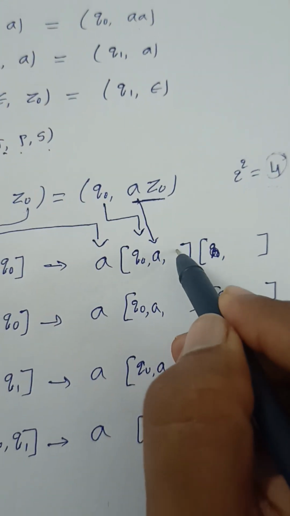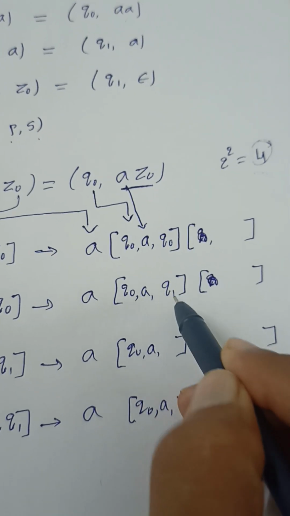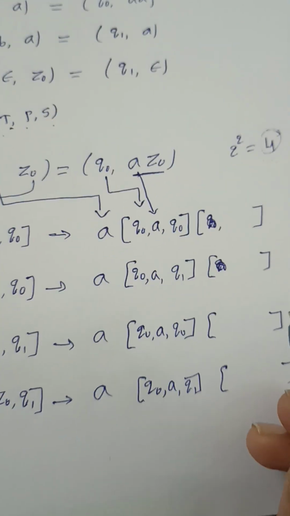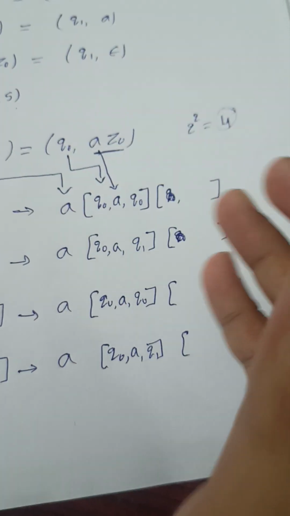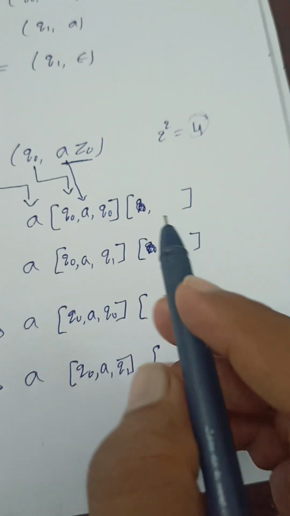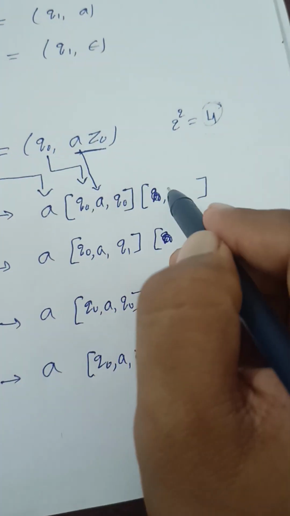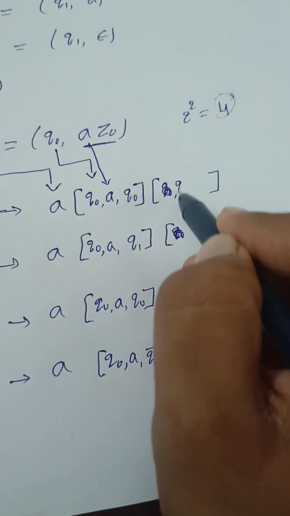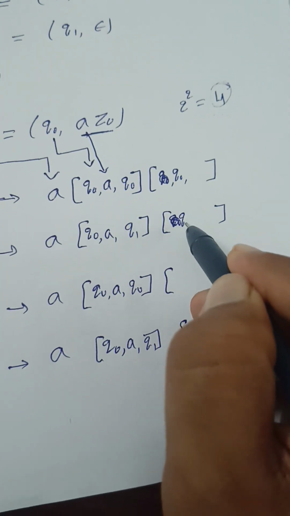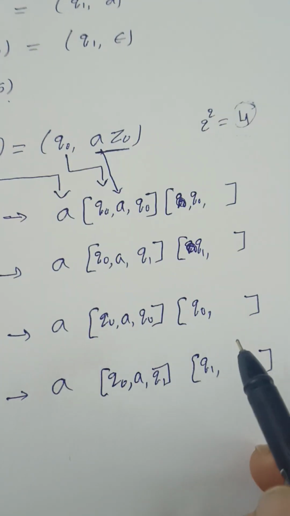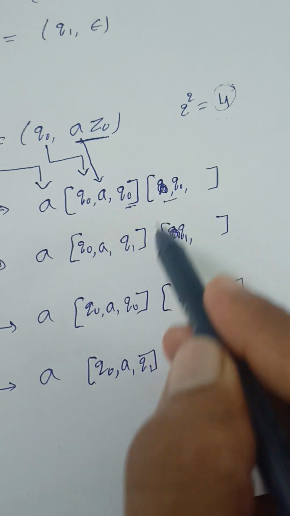So simply q0 q1, q0 q1. Now in the other square bracket, whatever we write in this third field we will write in the first field: q0 q1, q0 q1. So this one is the same as this one.